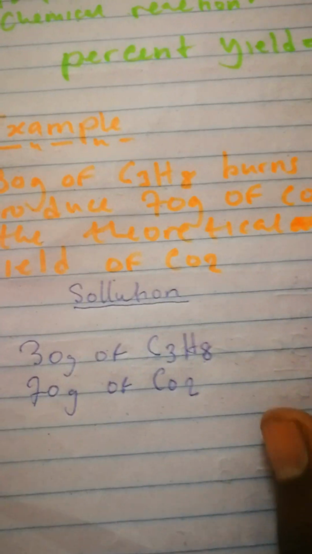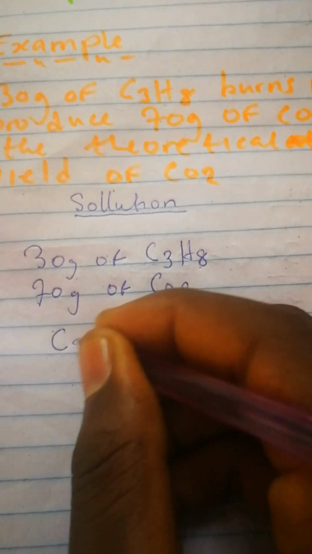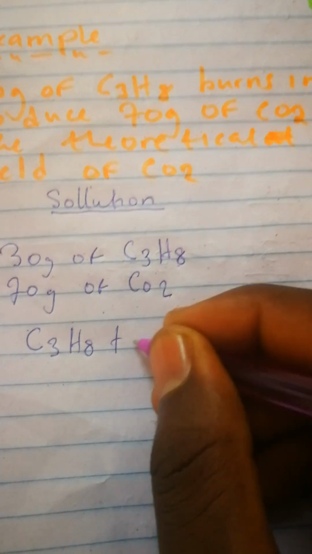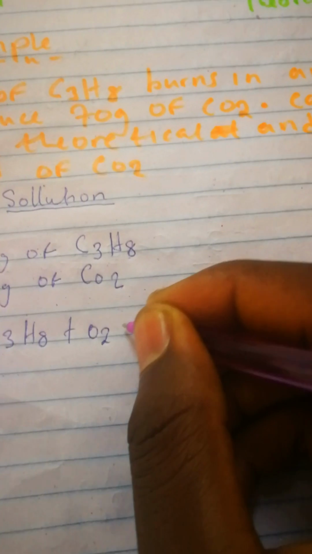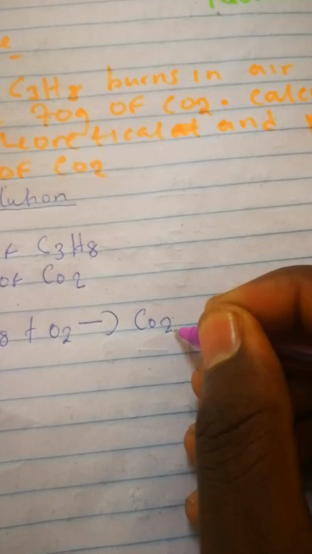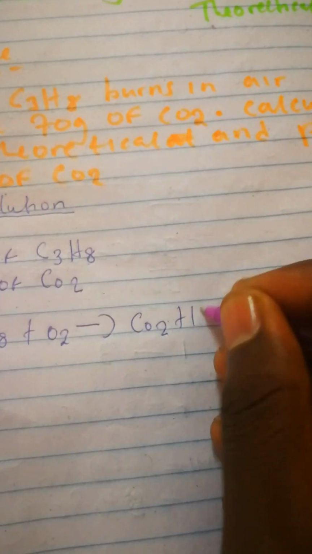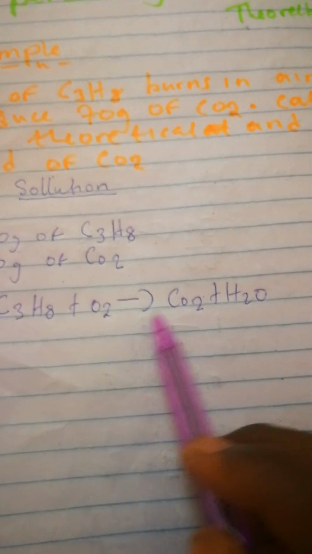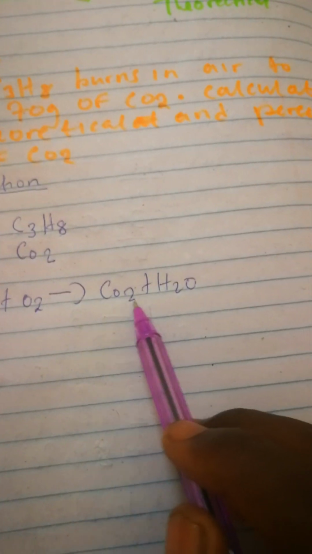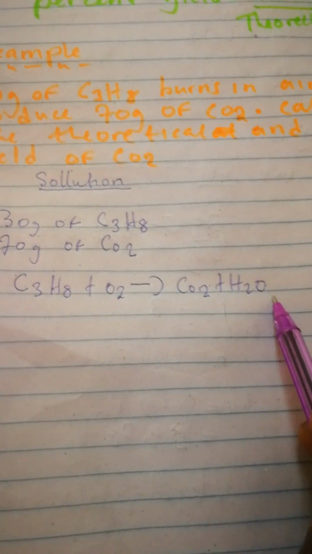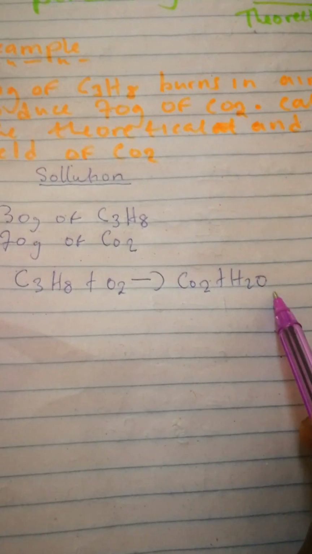Now they have given us the equation: C3H8 plus O2, so it burns in O2, then it produces CO2 plus H2O. Those are the products. We need to find the theoretical and the percentage yield.